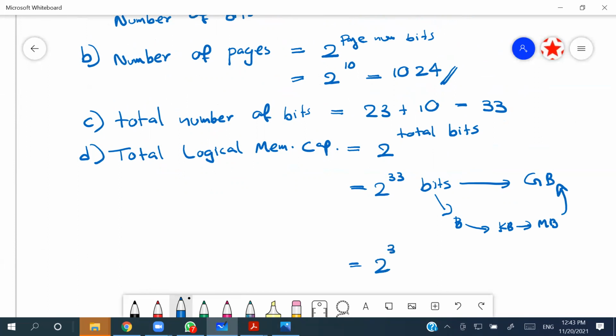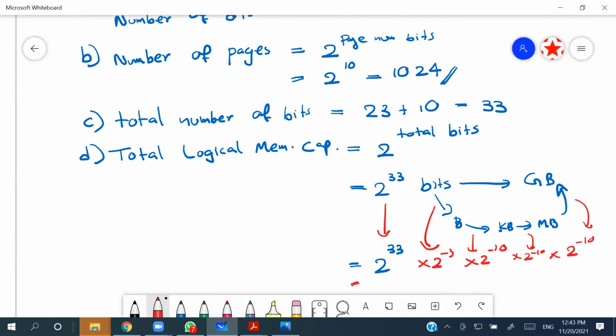So 2 to the power 33, and from here it's 2 to the power minus 3, here it's 2 to the power minus 10, this one to 2 to the power minus 10 again. Right, and again 2 to the power minus 10 for this conversion.